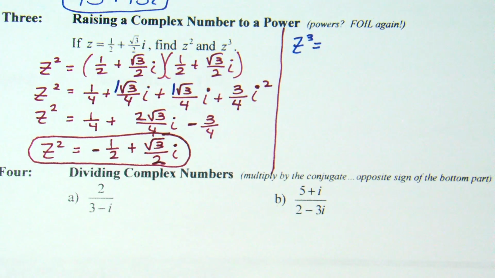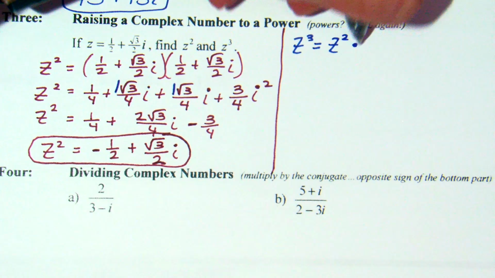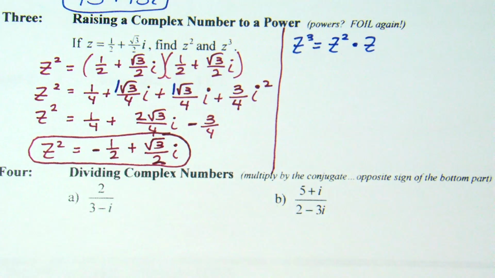So z cubed is going to become z squared, which, what is z squared? Okay, negative 1/2 plus radical 3 over 2i, and then times z. What is z?